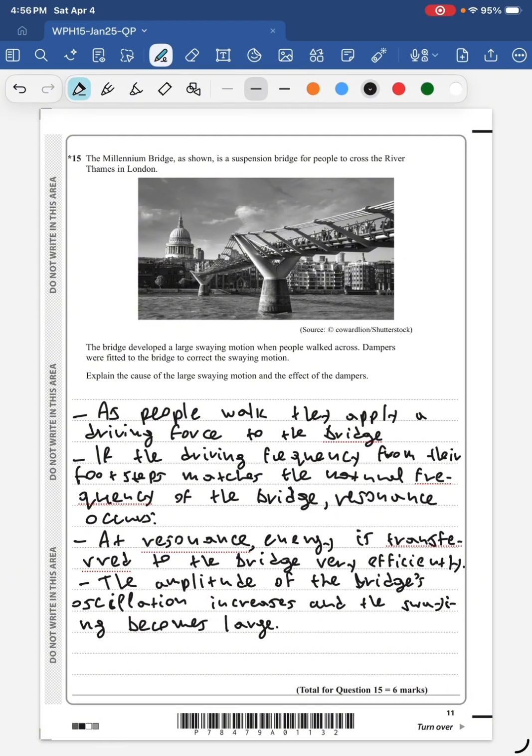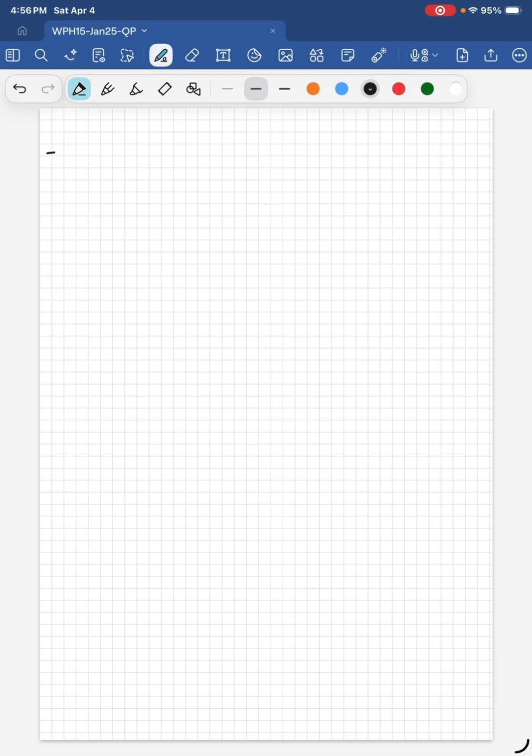The dampers remove energy from the bridge. And this dissipates the energy, and it reduces the amplitude of the oscillation.